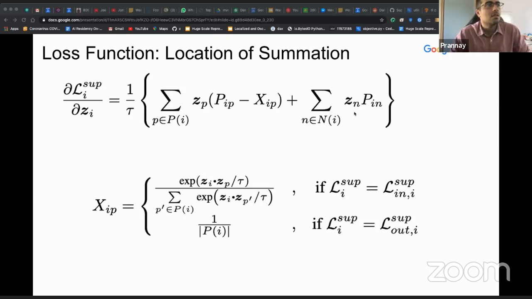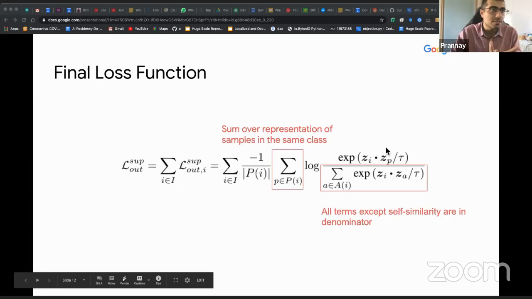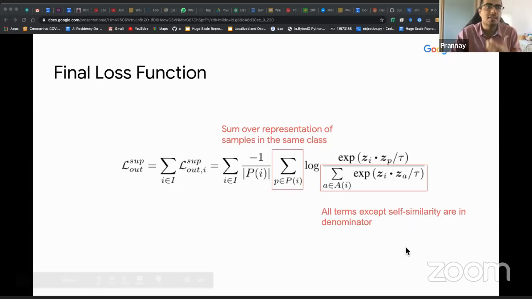And there is a weight associated with it. The weight is proportional to P of IP. P of IP is nothing but the term we had here. So this term inside the log, that is what we call P of IP, is saying what is the likelihood of the positive coming from the same class as the anchor I, right?